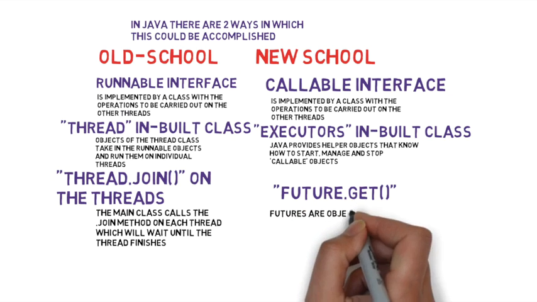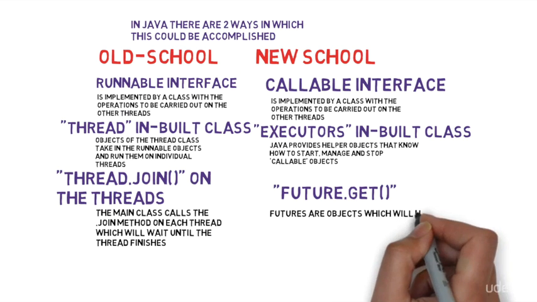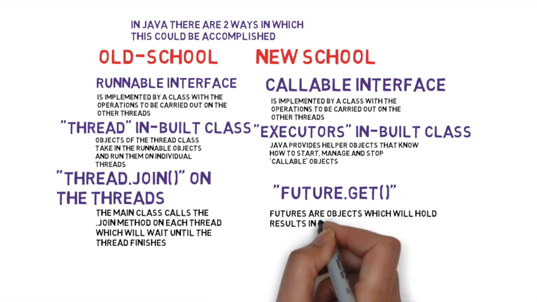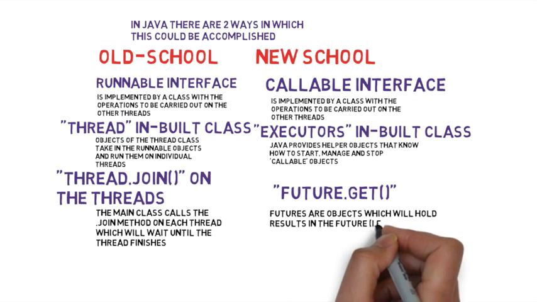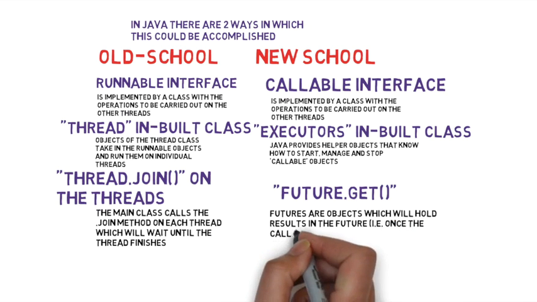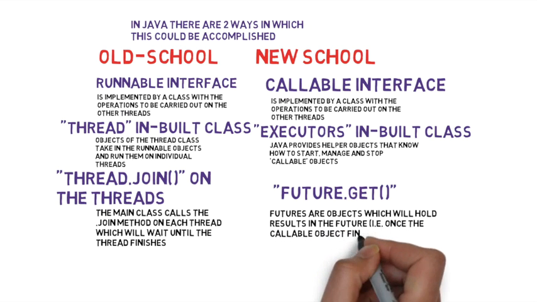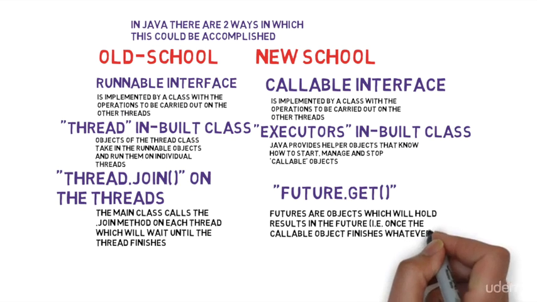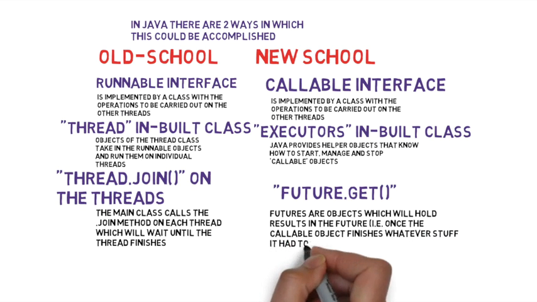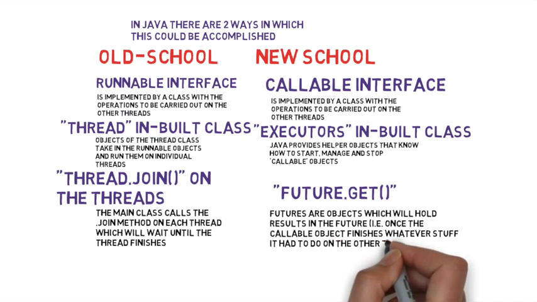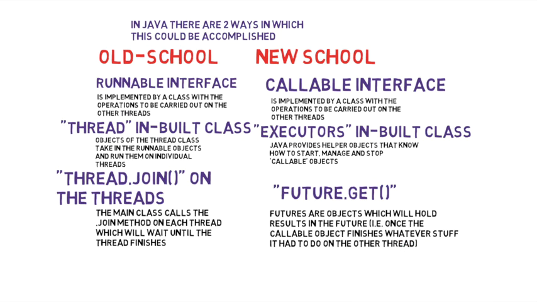Futures are actually much more interesting and much more useful and provide a whole deal of abstraction. In the new school way of doing things, futures are objects which will hold the result of the computation by that thread in the future. Once the callable object has finished its set of operations on the other thread, it will simply return the result in the future.